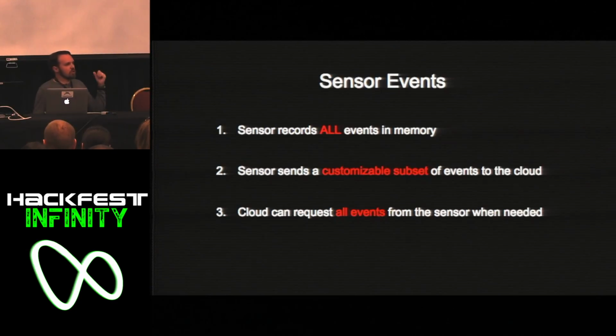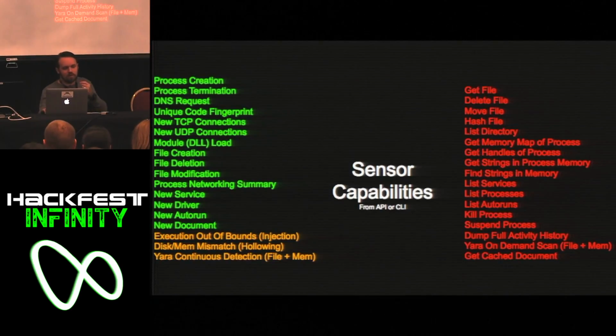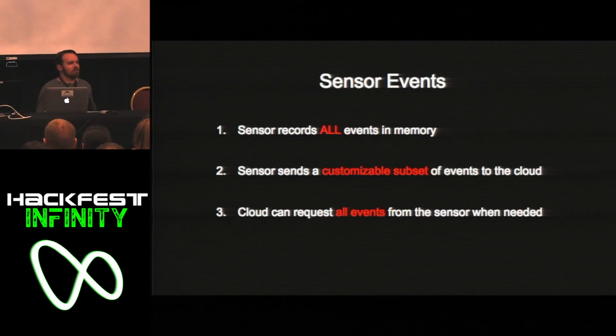Now, I showed all these events, and some of you may have been astute and saw file creation and file deletions in there. Hopefully, your EDR doesn't send every file creation and file deletion back to your backend because that's a whole lot of data. So what we do is we're a bit more intelligent.